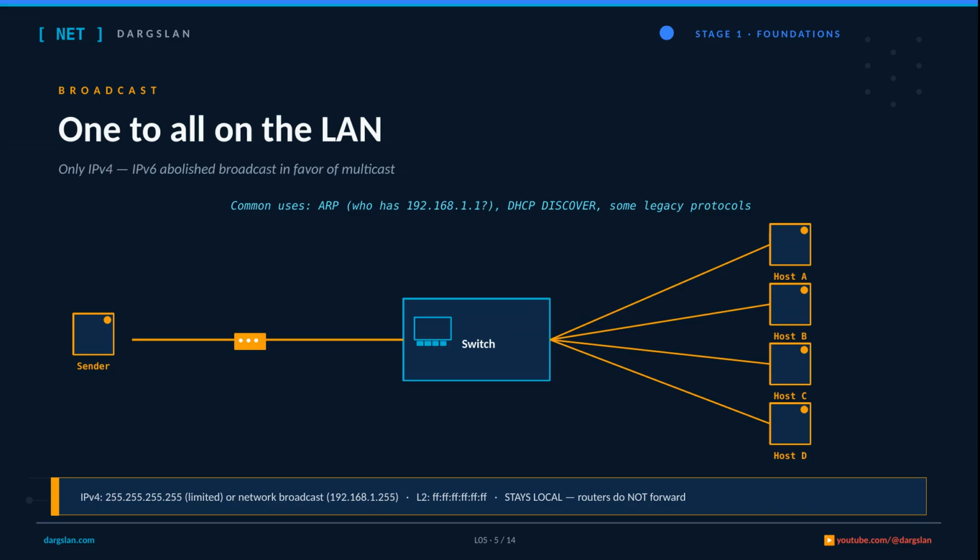When a device shouts, "Who has 192.168.1.1," and with DHCP Discovery, when a new machine is hunting for an address. Two important guardrails though. Broadcast only exists in IPv4. IPv6 dropped it entirely in favor of multicast, and it stays strictly local because routers refuse to forward it.